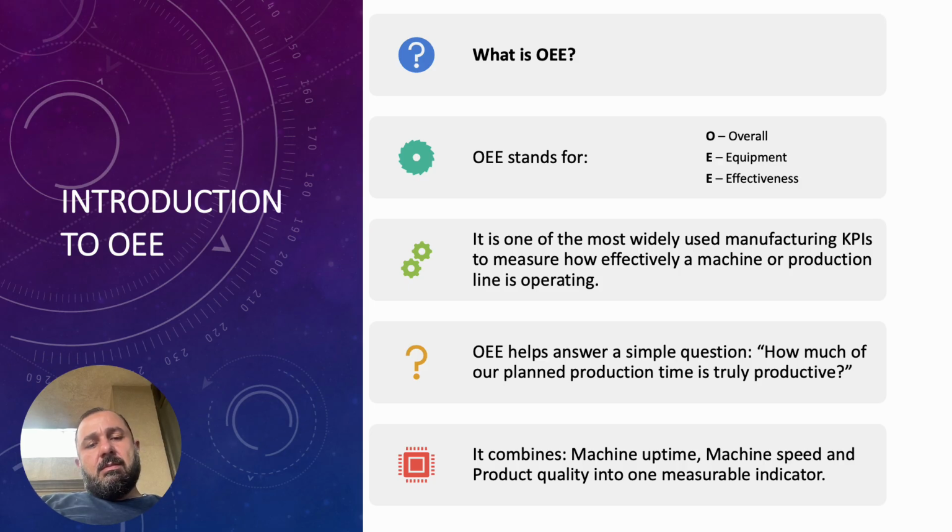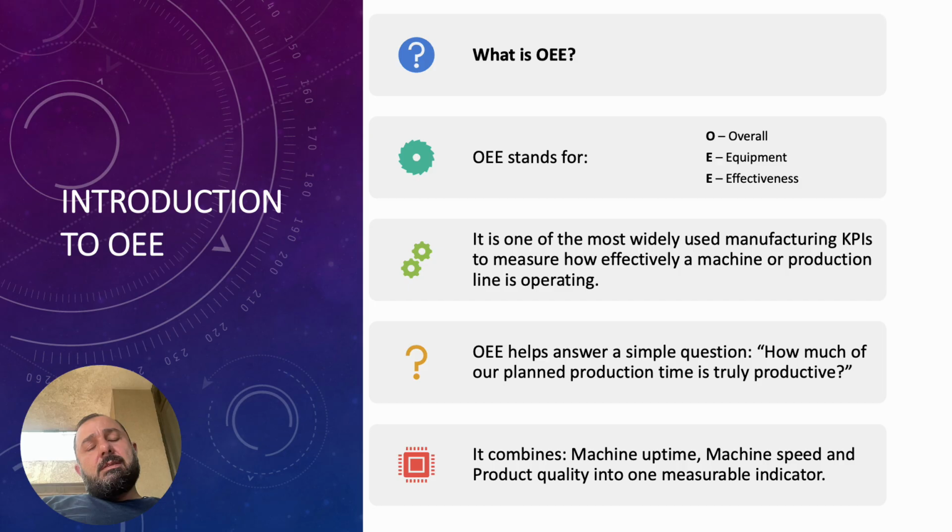Mostly it answers the question: are we really using our plant production time productively? Are we doing our production effectively without losses, or are we misusing the time that is given to us to produce?